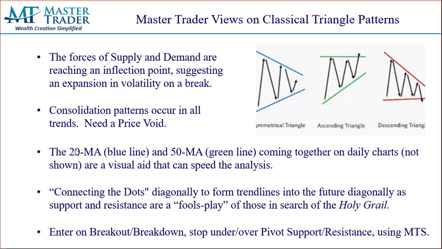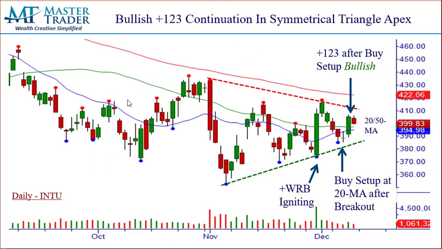On our daily charts, we use the blue is the 20 MA, green is the 50, red is the 200. We call them visual aids. They speed up the analysis. So here's my apex here. So we've had a steady decline, short, intermediate, and long-term on this daily chart of Intuit.